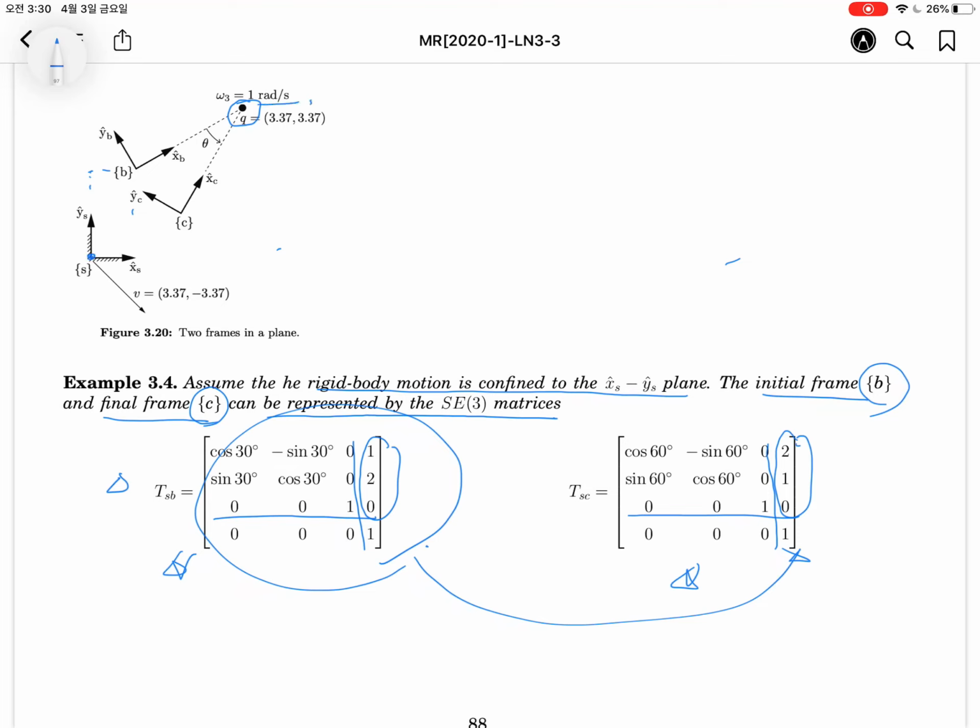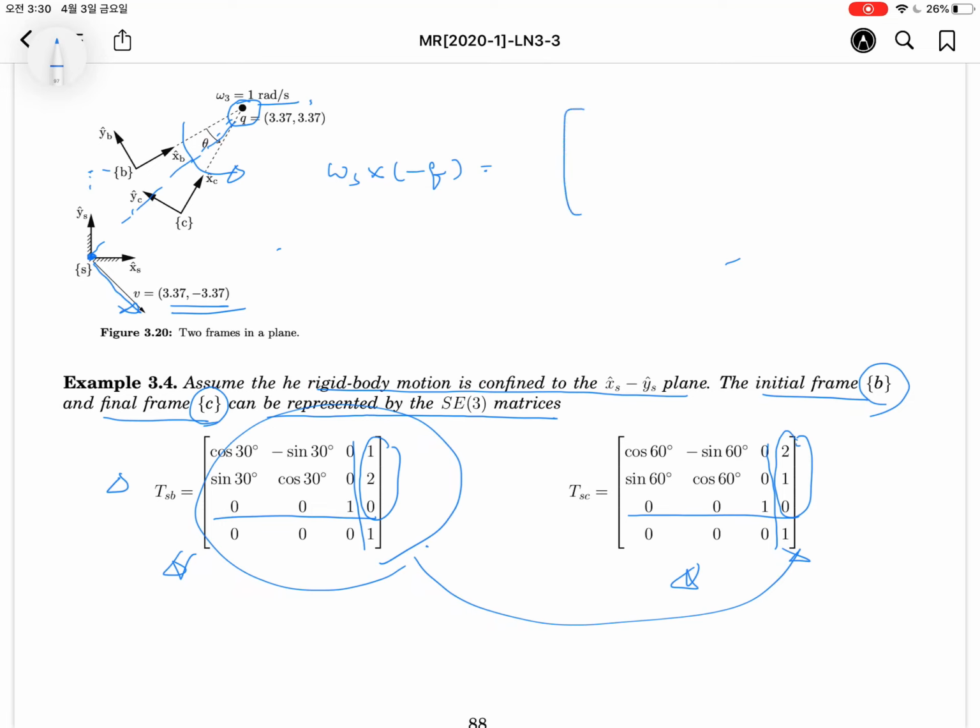At that time, the linear velocity of the fixed frame will be obtained: omega_s cross minus q. So if you write down the rotation angle, then we will get this linear velocity.